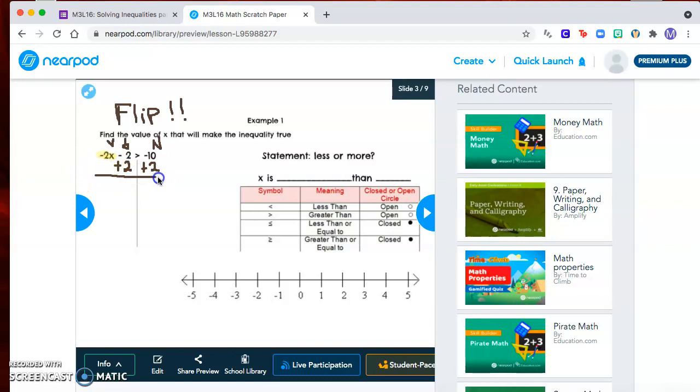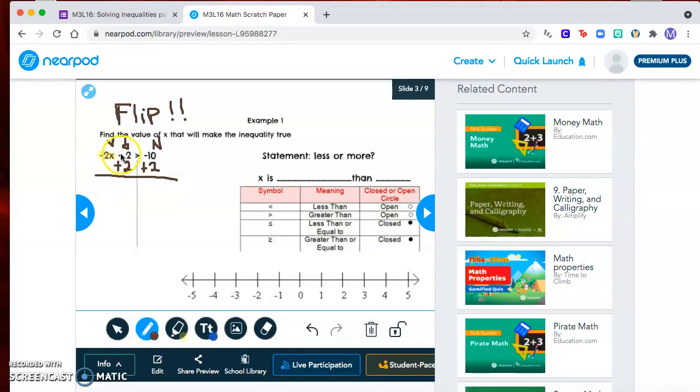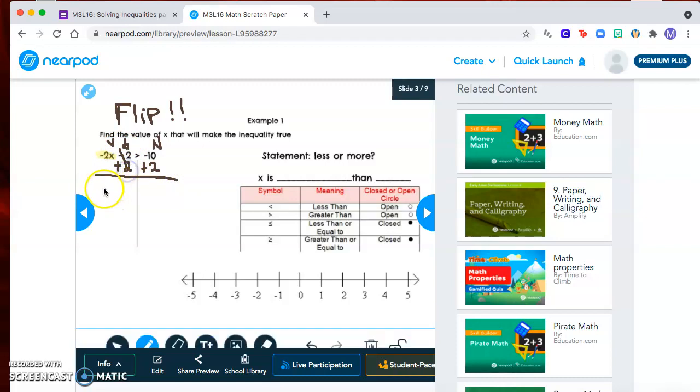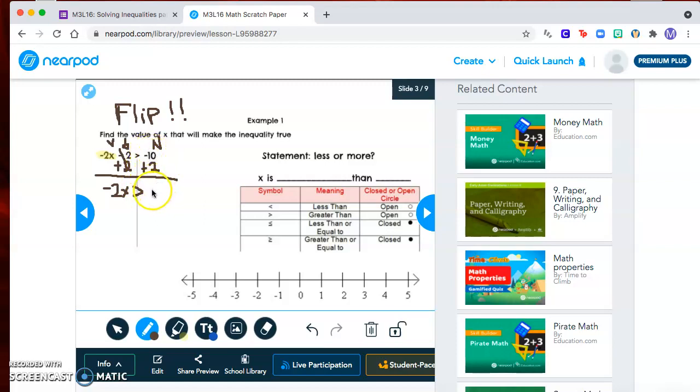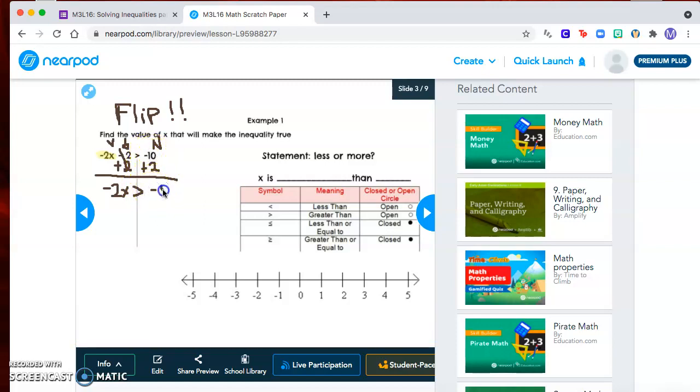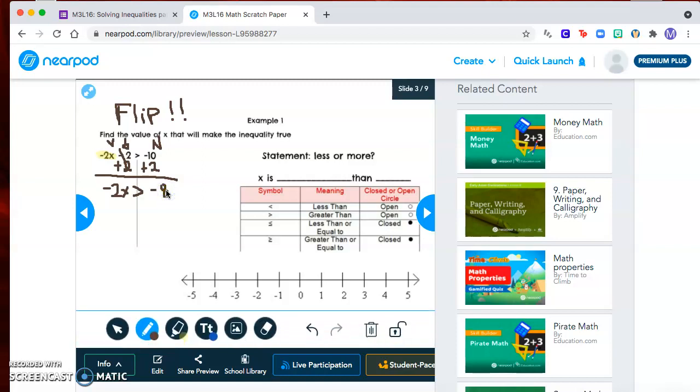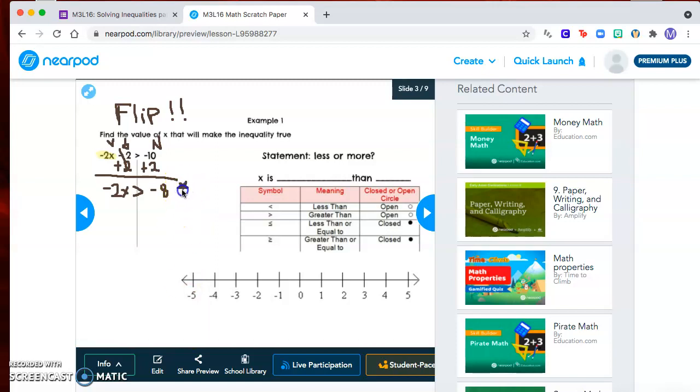Now -2 plus 2 becomes 0. We've done this so many times at this point, and so I'm left with -2x is greater than -10 plus 2, which is -8.